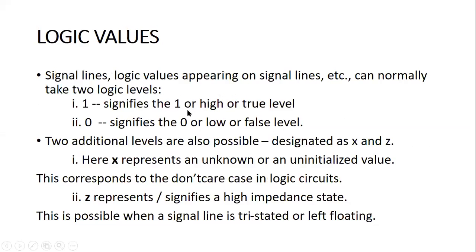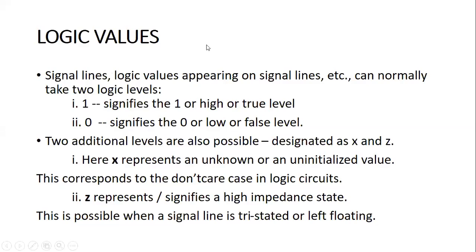The next thing we are going to see is logic values. We have seen all the lexical tokens, 7 lexical tokens. So, logic values. 4 logic values are available in Verilog. 1 signifies logic high, 0 signifies logic low. X represents an unknown or uninitialized value.